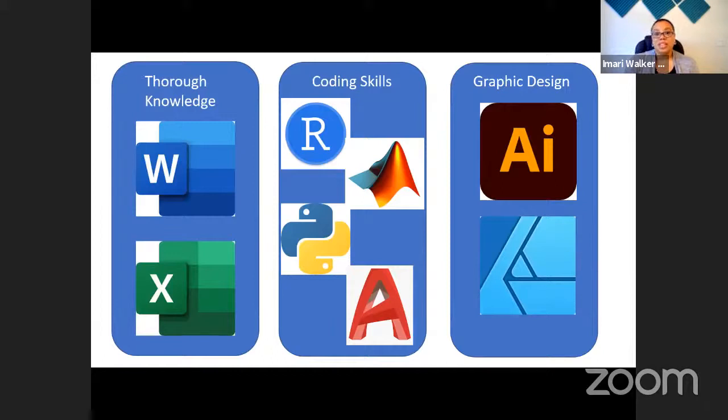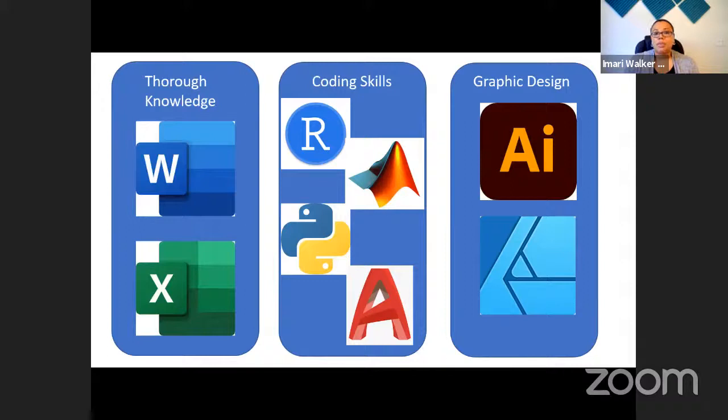So the other skills that people don't talk about as much are graphic design. The Affinity design is the one on the bottom, and then Adobe Illustrator on the top. Those can be really, really great for visualizing, doing representations of your data, of making, whether that's a presentation for a conference or even making a figure of some kind.